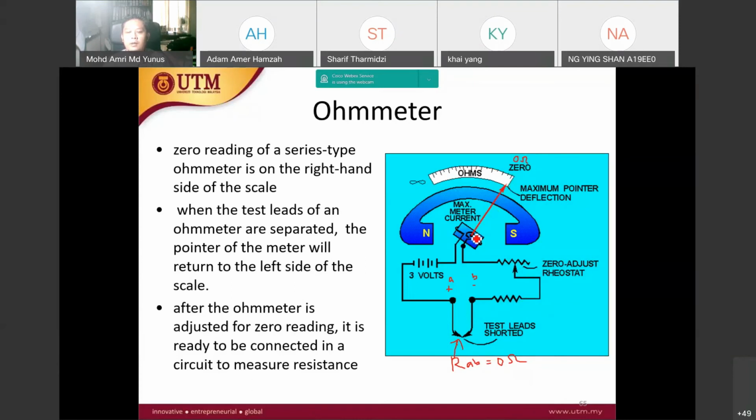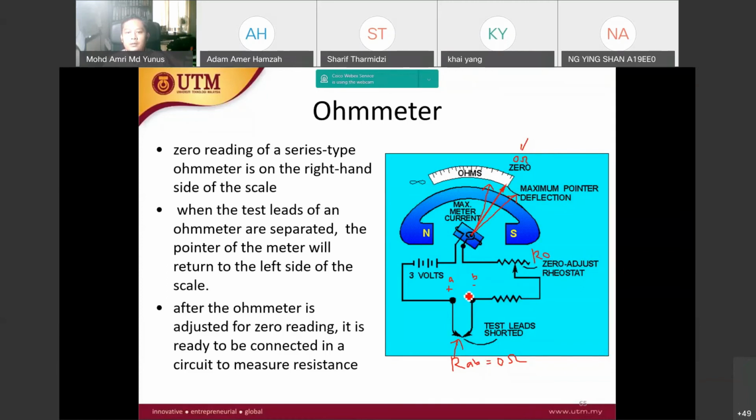Then we adjust, because the needle may be over the scale when we short circuit, by increasing or decreasing the value of Ro, so we have to find out. Sometimes it may start on the left or over the scale, so we adjust until we get the 0 ohm condition.